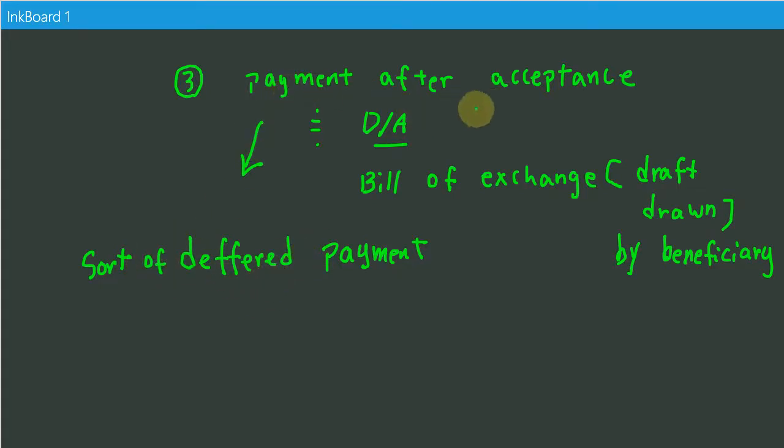This payment after acceptance proceeds with the confirmation of payment by the bank. Once the letter of credit notifies the acceptance, then we can go with these conditions. Okay, payment after acceptance.